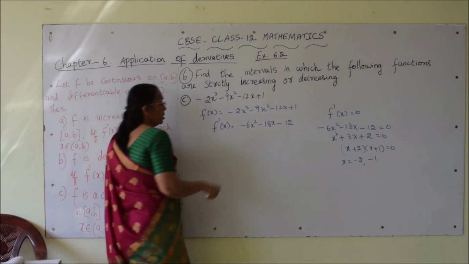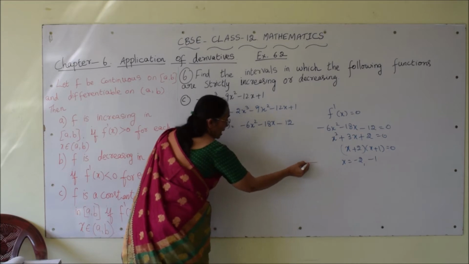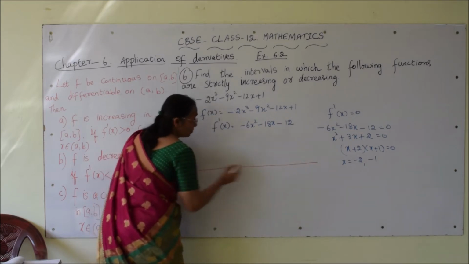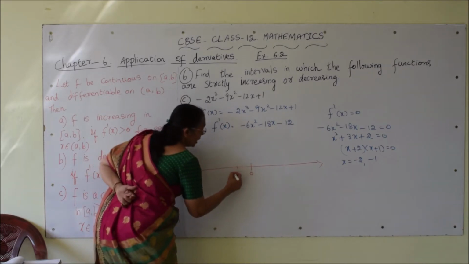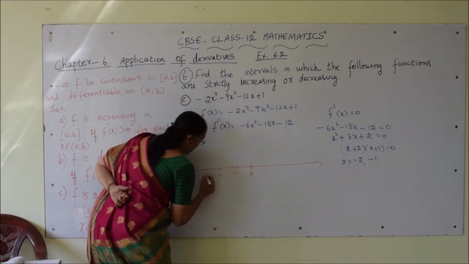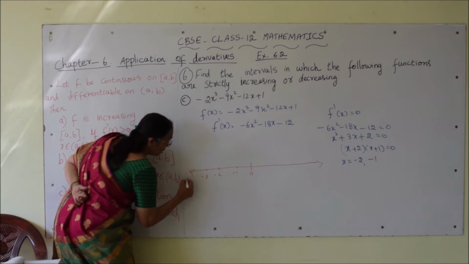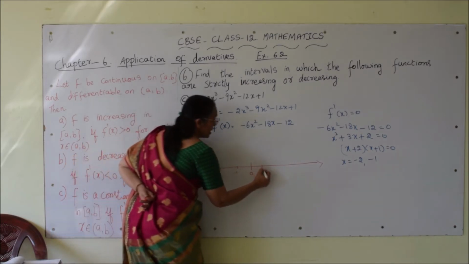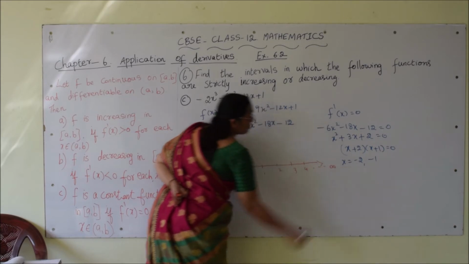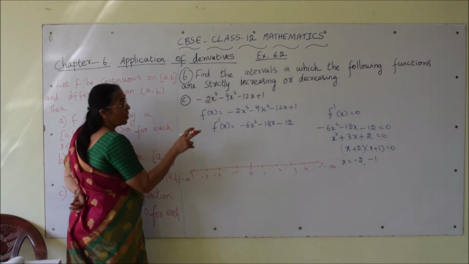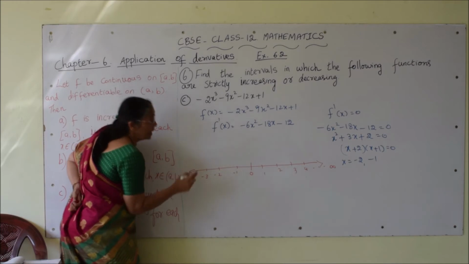So, let me draw a number line. This is suppose origin. Now, negative 1, negative 2, negative 3 and so on, up to minus infinity this side, and here we are having 1, 2, 3, 4 etc. up to infinity. Now, the turning points are minus 2 and minus 1.